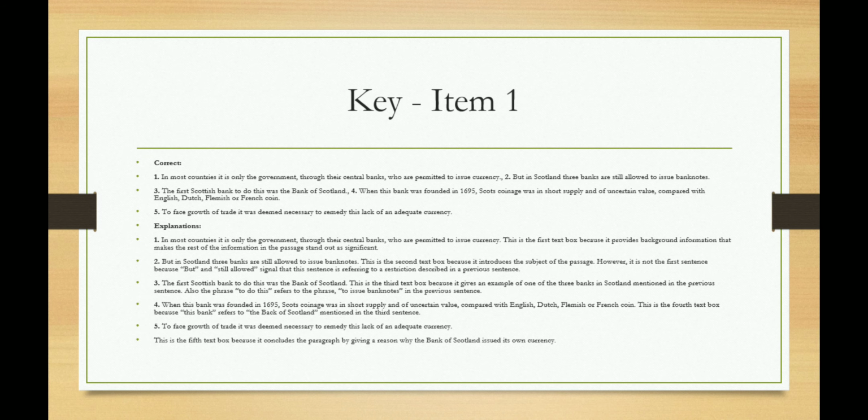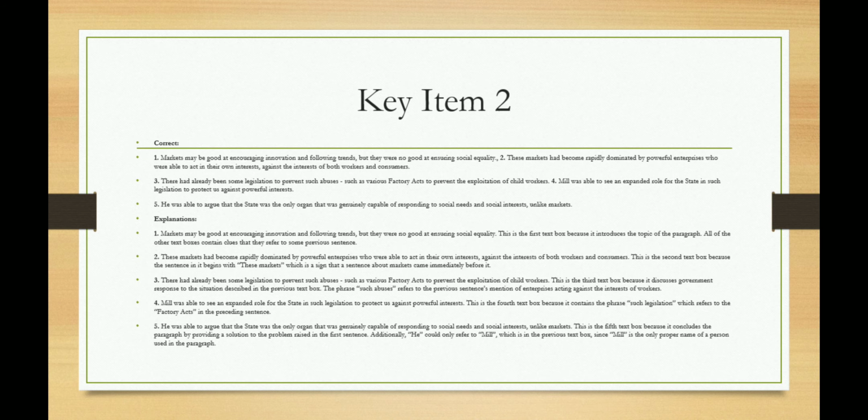Alright, because the fourth is talking about the issue, there is an issue with the coins, so that's why adequate currency is the 5th one. Okay, I'm moving to the next. So I hope you understand how this thing is coming up.